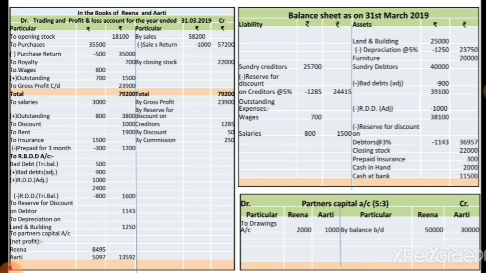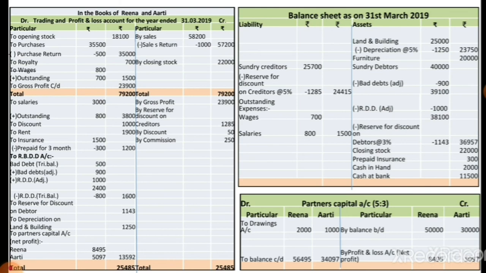Okay, so we get the amount of rupees 5,097. Afterwards we take the total of the profit and loss account, that is 25,485. After that we transfer that net profit to the partners' capital account credit side. So we record it as by profit and loss account, and in brackets we record the net profit. So Reena's profit is 8,495 and Aarti's profit is 5,097.